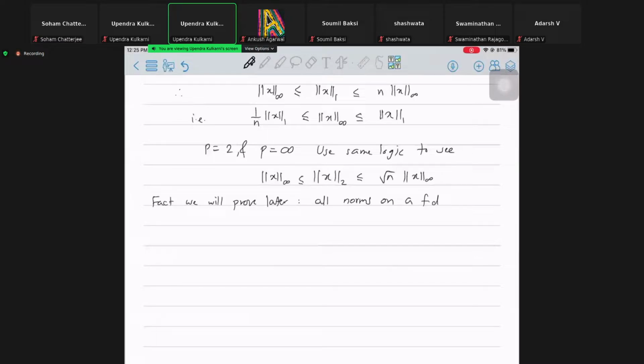On a finite dimensional vector space. Okay. So what is the point of this definition?